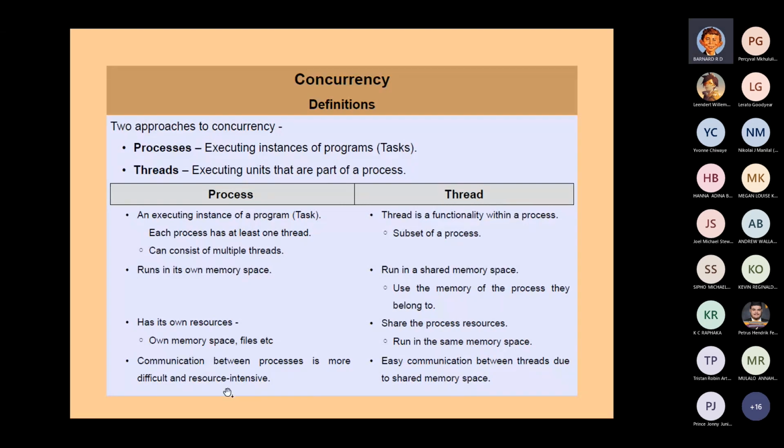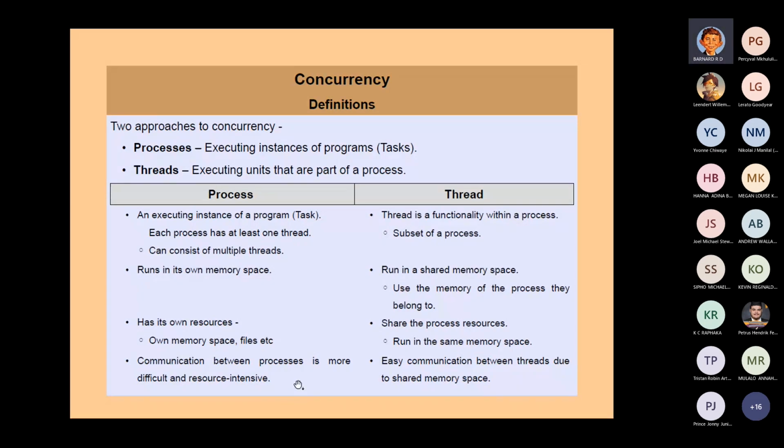Now, this thing about communication between processes being more difficult, sorry, excuse me, I've got a bit of a cold. That is, in fact, more or less invisible to you as a user of Qt, because Qt actually handles all of that for you.